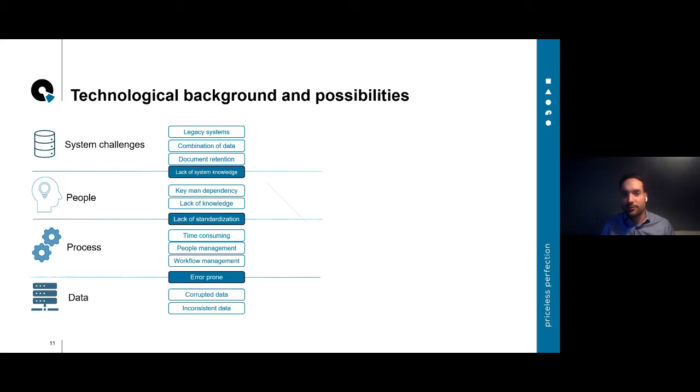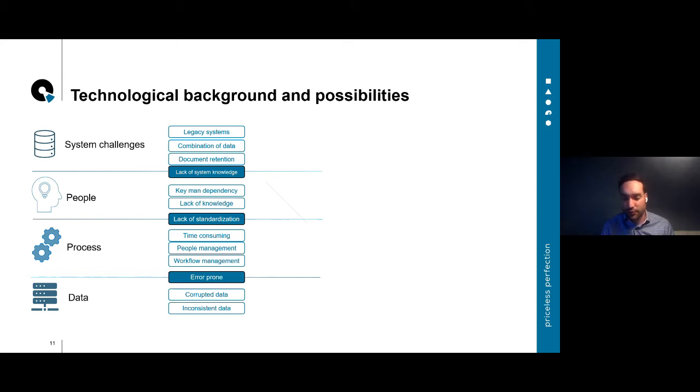A lot of times you see that there is a key man dependency. There is one or maybe a few people that know the complete process. And it can be that the way of working has been there for a lot of years, but only a couple of people know how this works. The format which people are working with can be very specific.